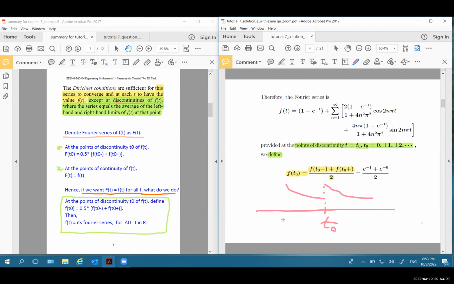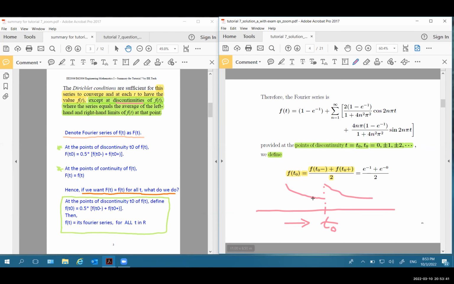Less than t0 means this side is less than t0. So it approaches t0 from here, and you can see it's all the time less than t0. You approach t0 from the left, so that's why they call it the left-hand limit. You get closer and closer to t0 and see what the value is at slightly less than t0.